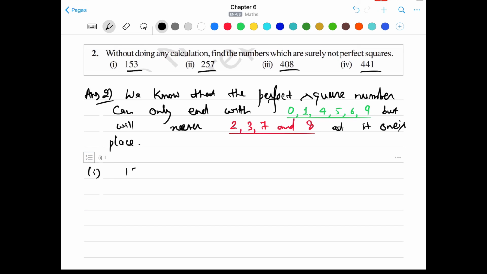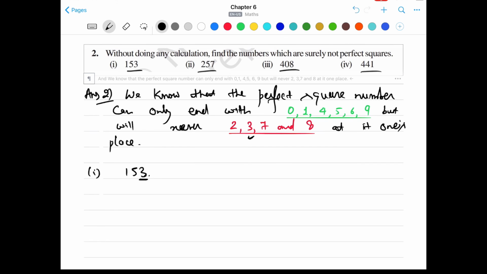The first number given to us is 153. We can clearly see that 3 belongs to this red group. If the last digit of this number is 3 and this 3 belongs to the red group, that means this number cannot be a perfect square number.